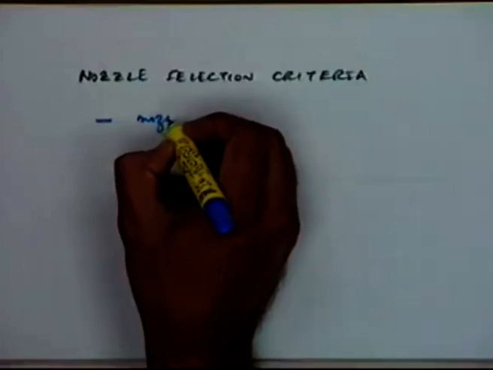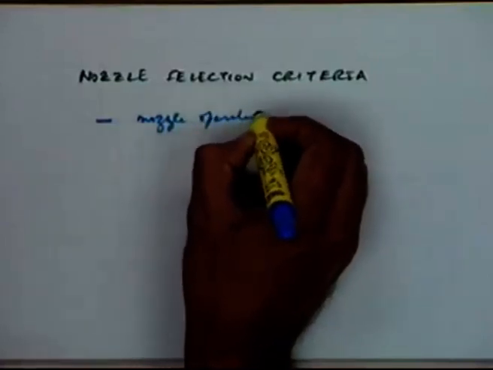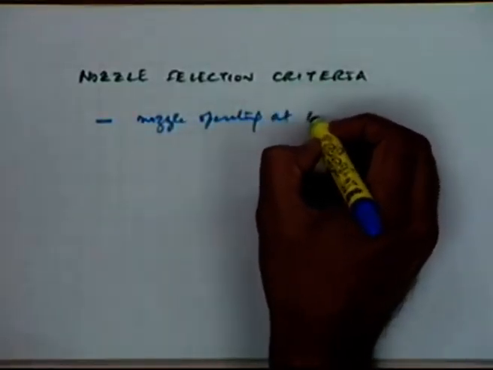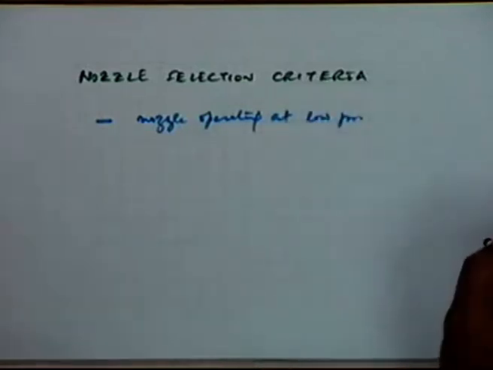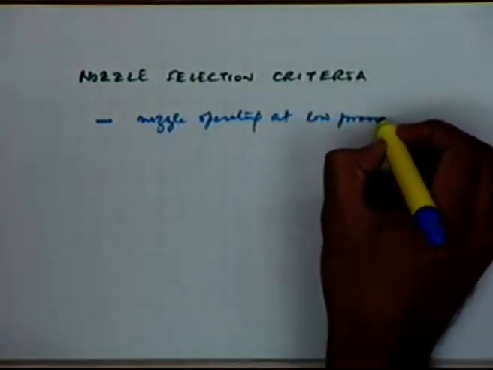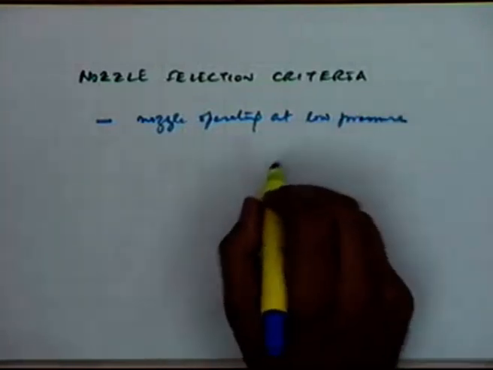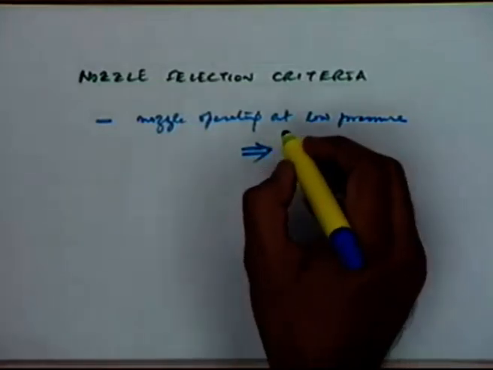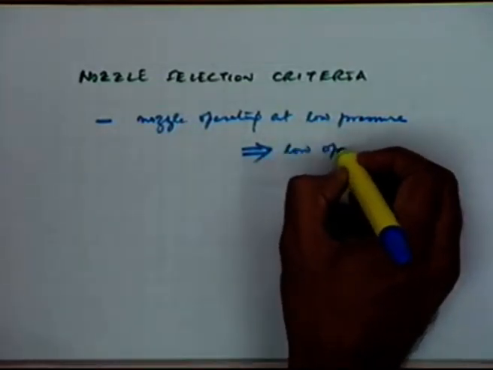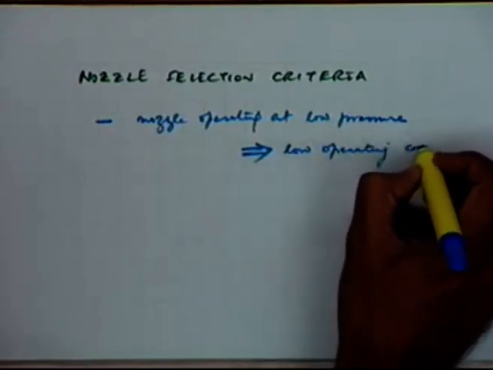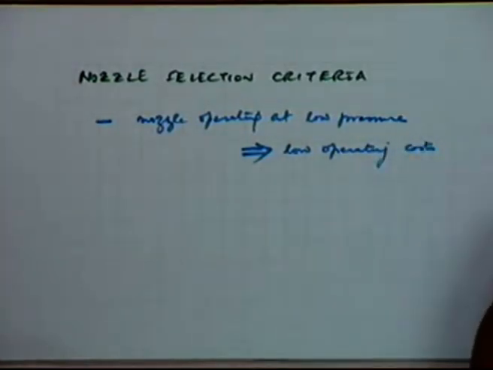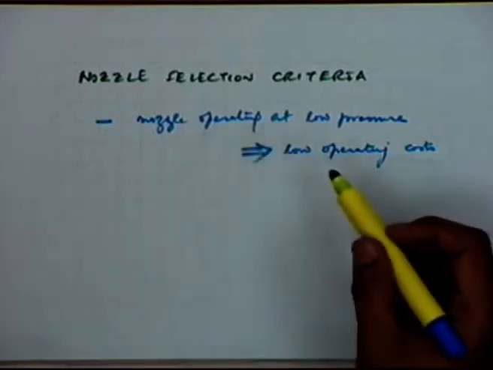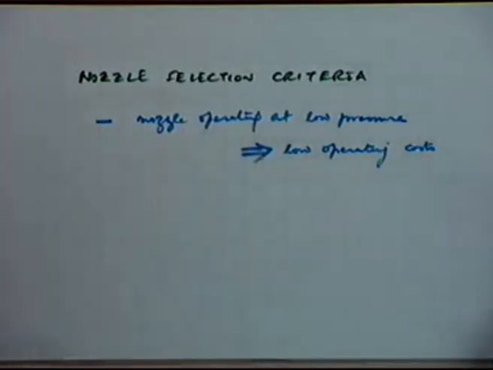If we have a nozzle operating at low pressure, this will result in low operating costs. If the pressures are low, the operating costs will also be lower. It is quite understandable.